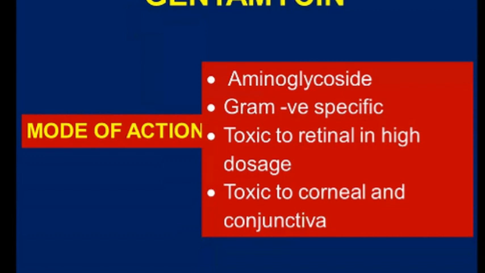It causes toxicity to the retina when given in high dosage, especially when it is abused. It can also cause corneal toxicity, and it's also used in treating bacterial conjunctivitis, bacterial blepharitis, and other bacterial infections of the anterior surface.